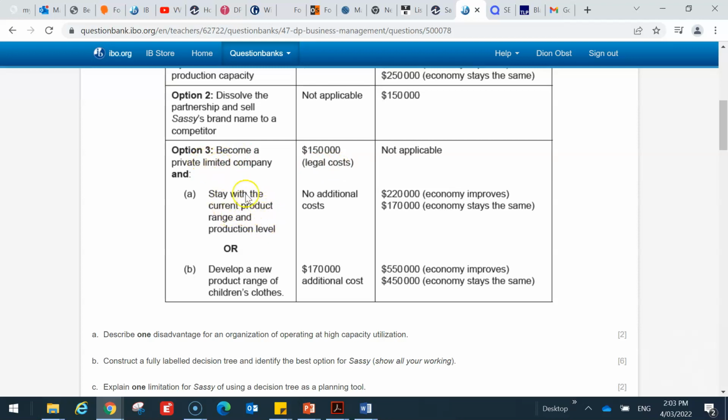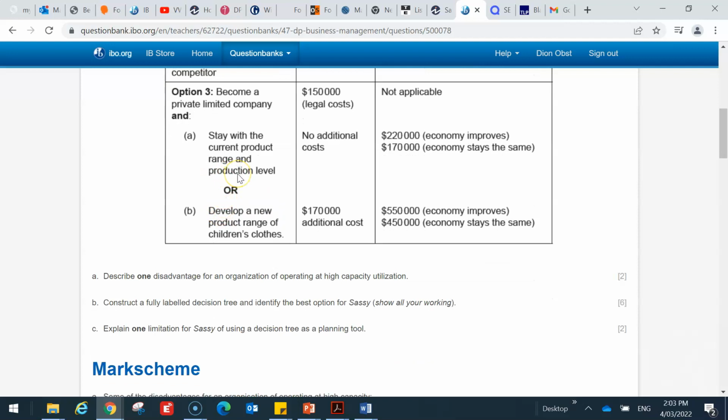Now we can see here if they do choose to stay with the current product range, so not add any other products, it's not going to cost them anything more on top of this 150,000, right? So there's no additional cost that we need to factor in for 3A. When we look at 3B though, we can see here there's an additional cost of 170,000. Now, why?